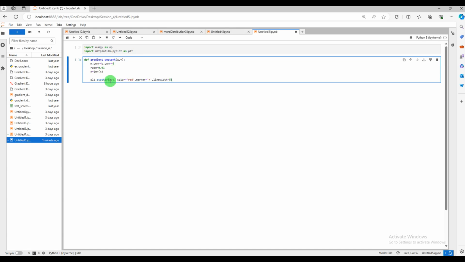This plots the input data x and the target value y as a scatter plot with a red marker.